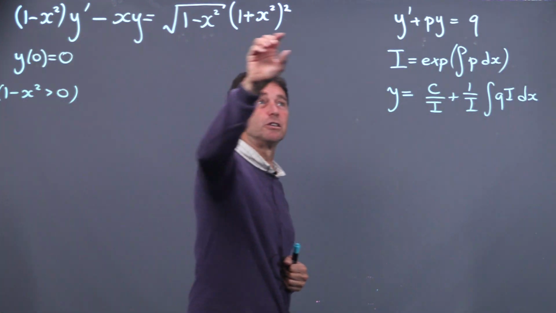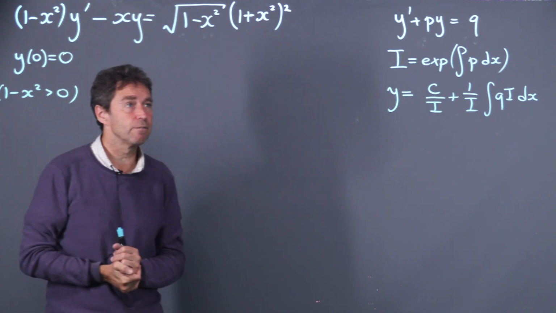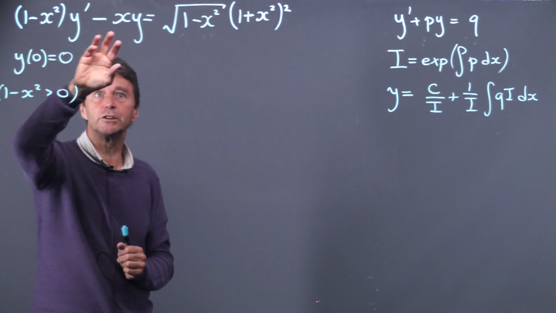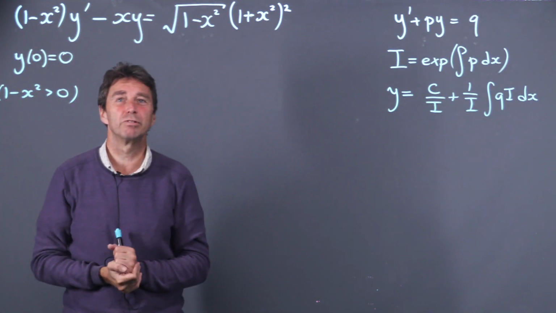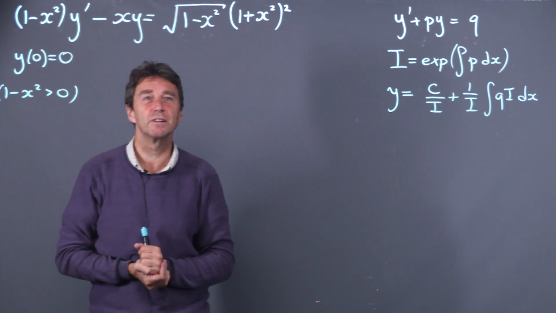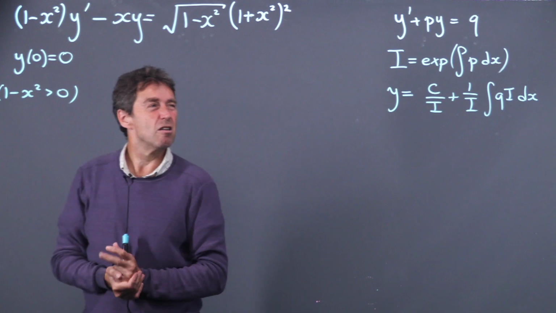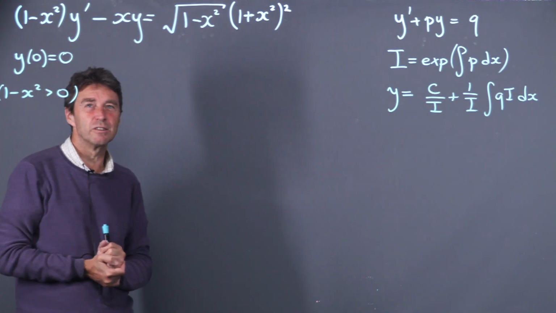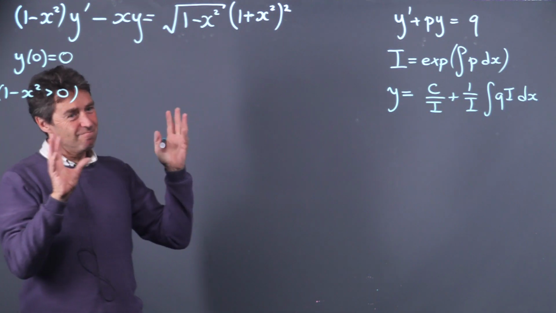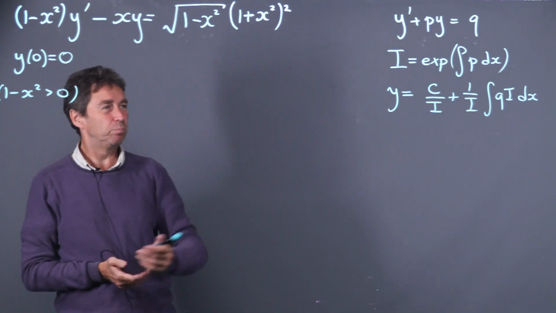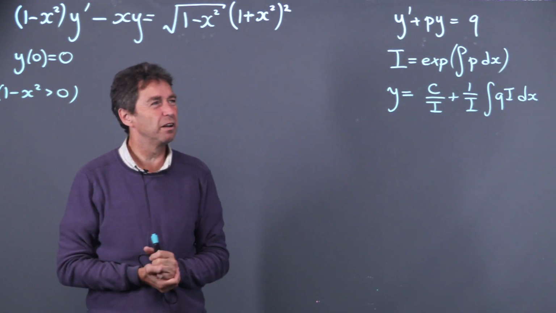The other thing worth bearing in mind is that I first need to massage this equation into that form, so I need to divide by that coefficient, and then the p function and the q function start to look pretty ugly. Now, unless you had a really hard instructor, that complication of the p and the q can't be real.